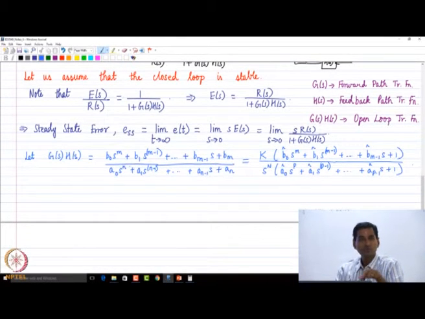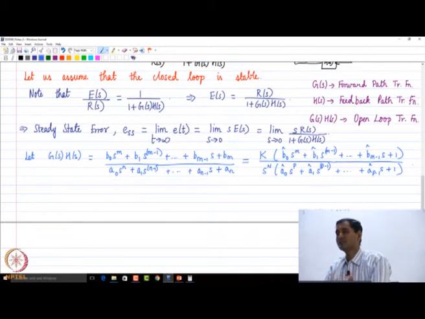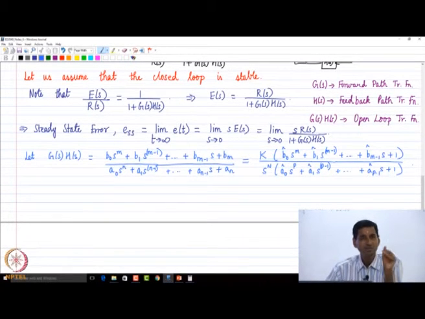If I look at the denominator polynomial a0 s^n plus a1 s^(n-1) all the way till a_n, if I have poles at the origin, then a_n is 0 obviously, so I can pull some s term out common. I can have one pole at the origin, two, three, or none. So the value of capital N can be 0, 1, 2, 3 and so on.